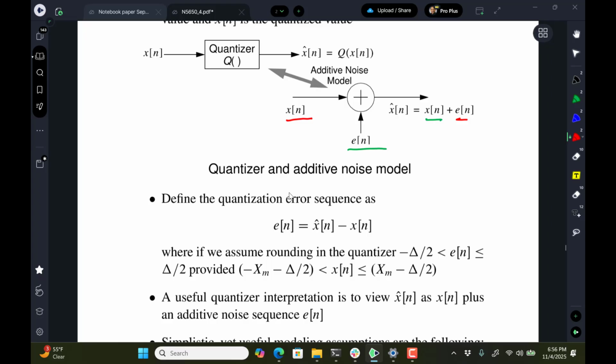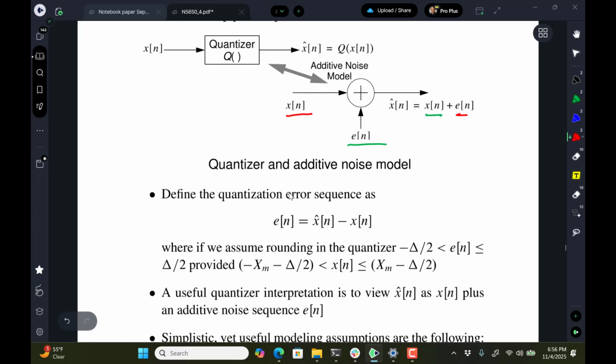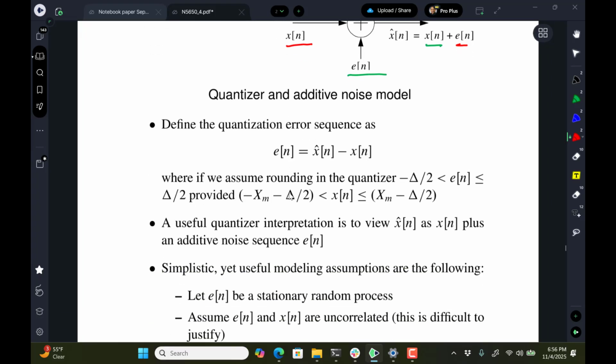The linear quantizer model assumes a random, additive noise model for e of n, and e of n is said to be a uniformly distributed random variable from -1/2 a quantization level to +1/2, and it has some simple modeling properties. It's said to be a stationary random process.